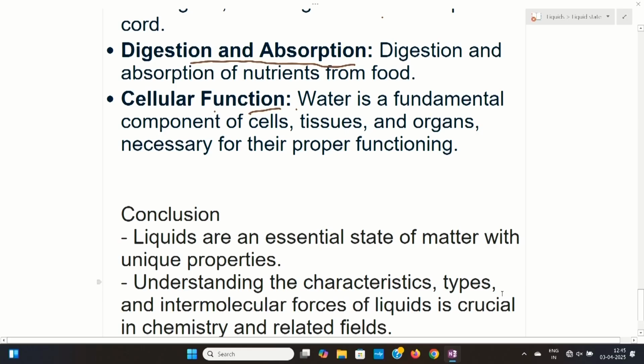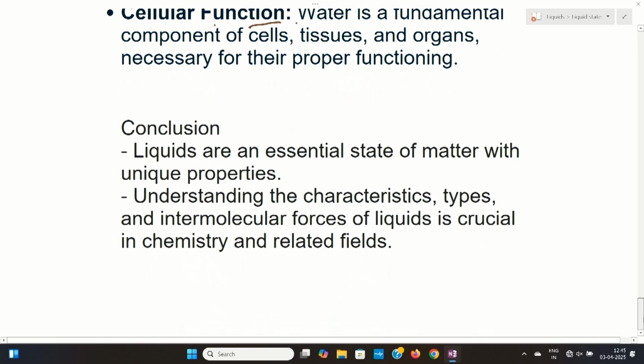Now we wind up this session here, and in the upcoming sessions we will deal more with the characteristics of liquids, types of liquids and the importance of liquids.